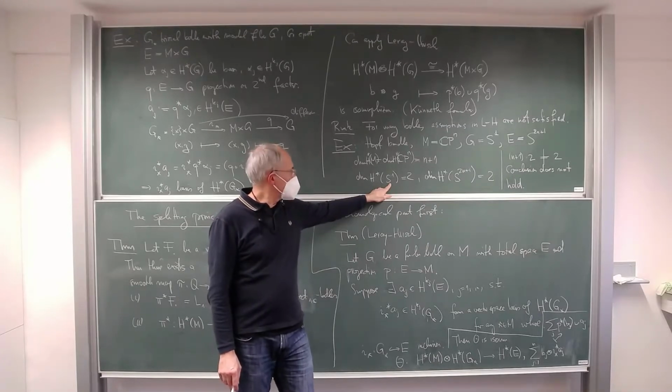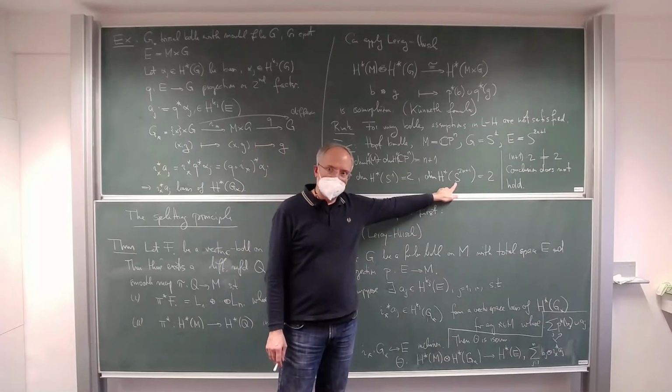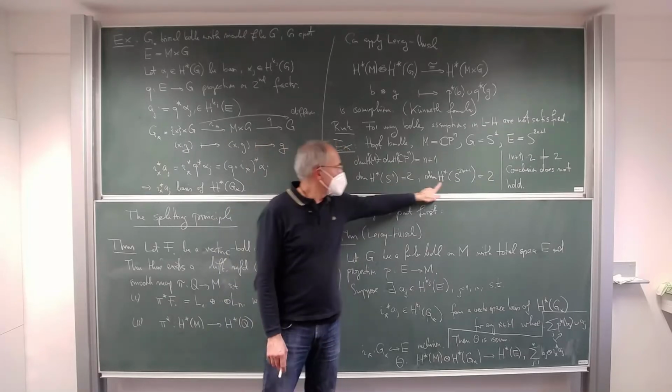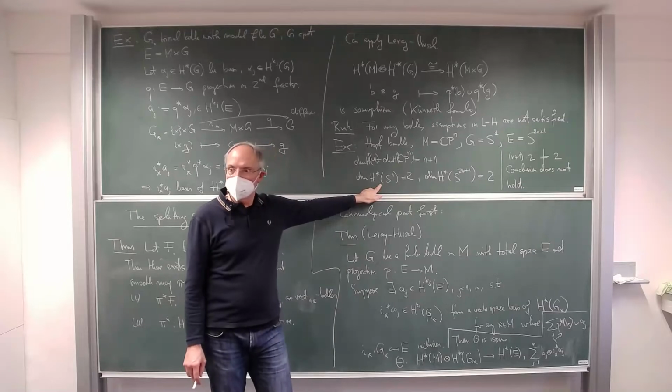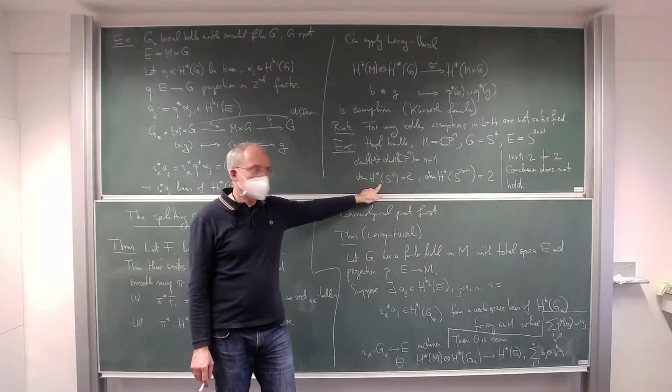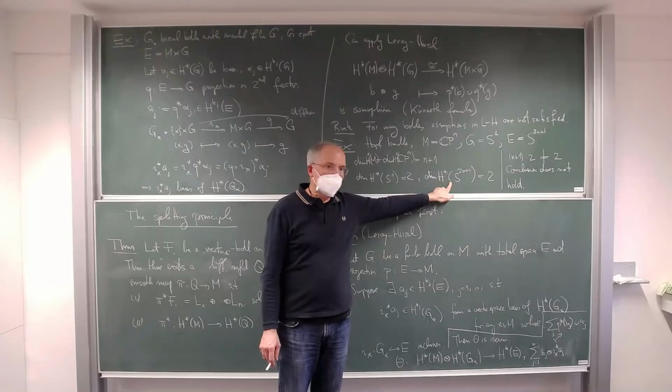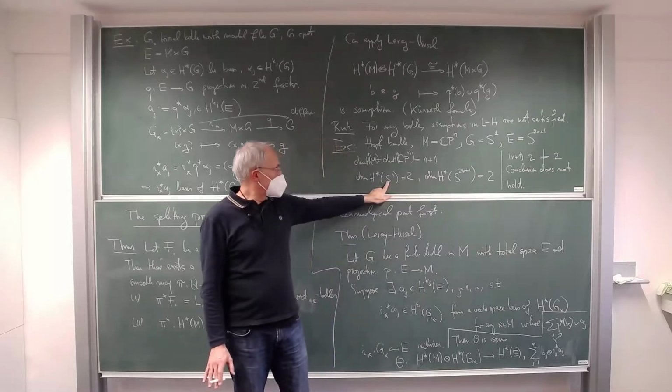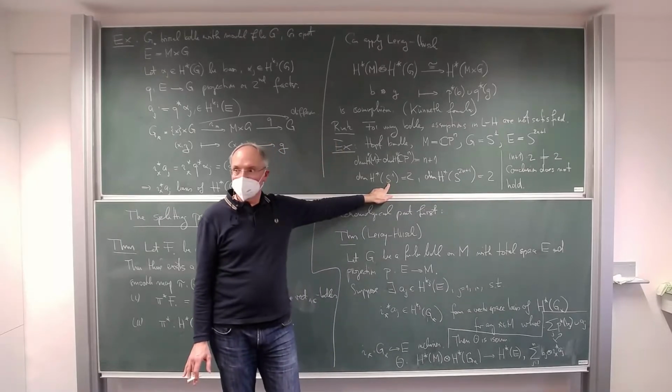So we would need a homology class on the total space in degree 1, which restricts to something non-trivial on S1. But the first homology of this one is 0. There is nothing non-zero. So if we restrict that to the fiber, we also get 0. So we cannot produce something in degree 1 here on the fiber.